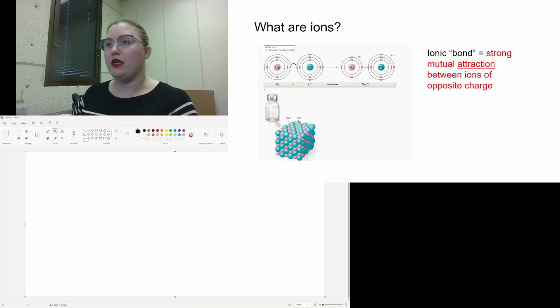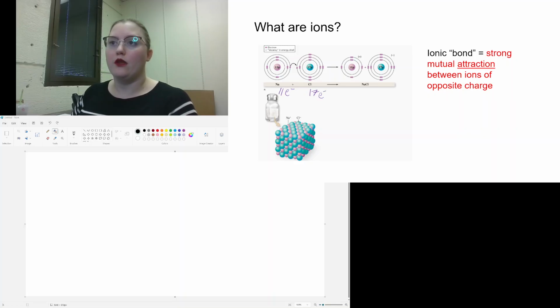So sodium here, sodium has 11 electrons. And chlorine has 17 electrons.